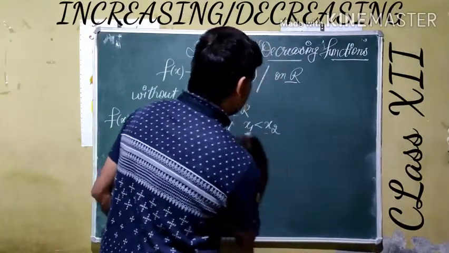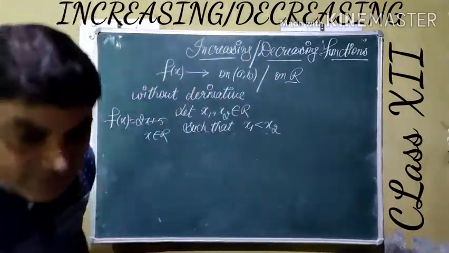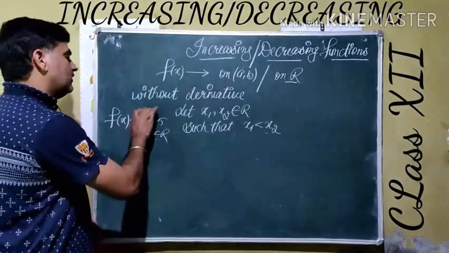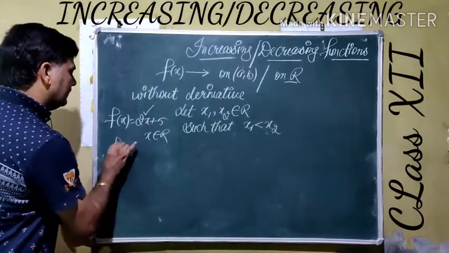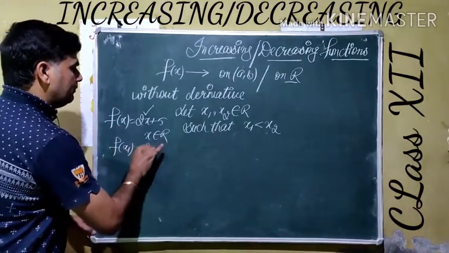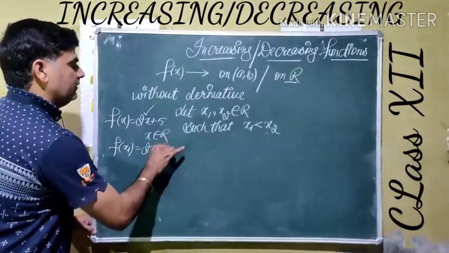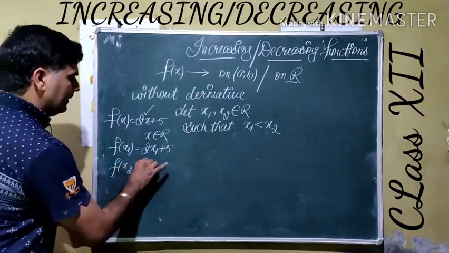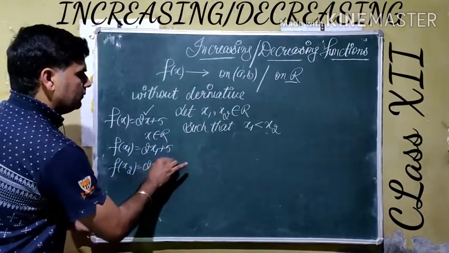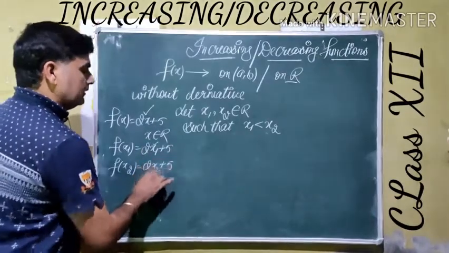How can we reach f(x1) and f(x2)? First of all, we make the variable term. If we replace x1, it should be of the type 2x1 + 5, and if we replace x2, it should be 2x2 + 5.